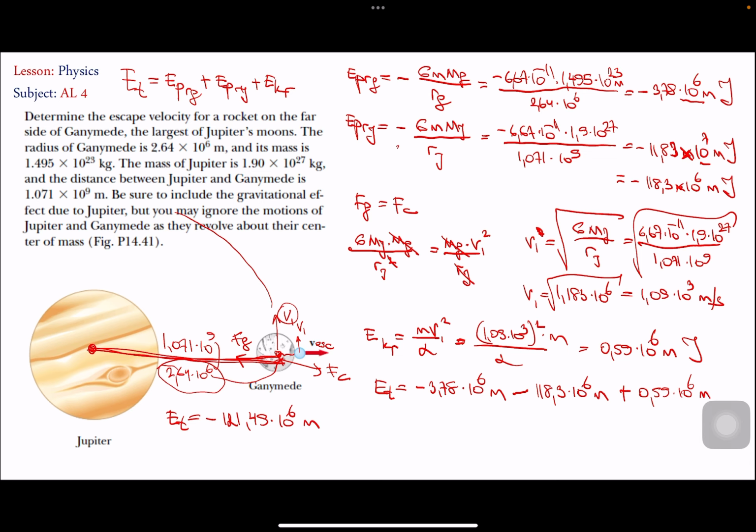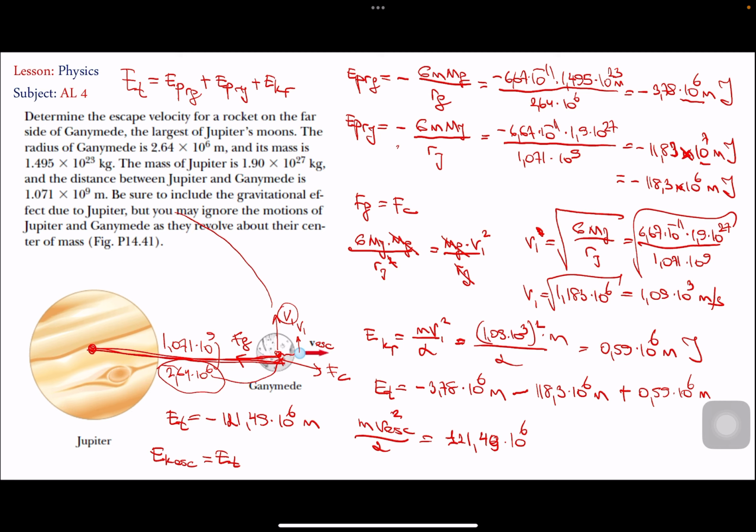Let me write the escape kinetic energy equal to the total energy, but now I won't use the minus sign because I deal only with the numbers now. So my kinetic energy, m times v escape squared over 2, will be equal to 121.49 times 10 to the power 6 m.